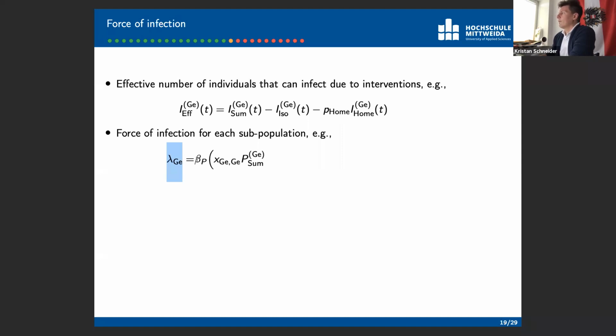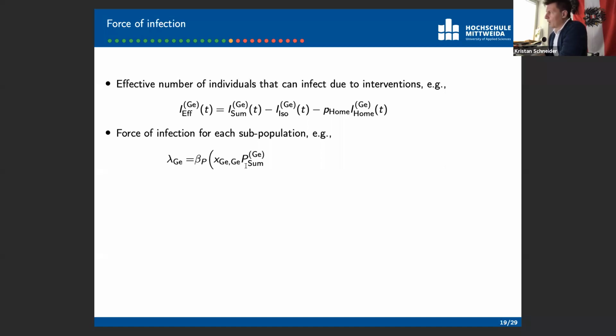Well, first, they have contact with individuals that are prodromal. Prodromal individuals can already infect. And they do that at a contact rate beta. And then all prodromal individuals in the general population can infect them.